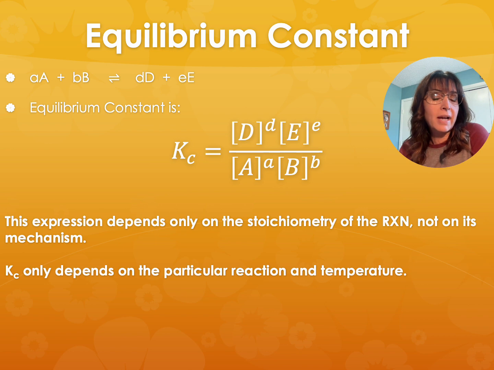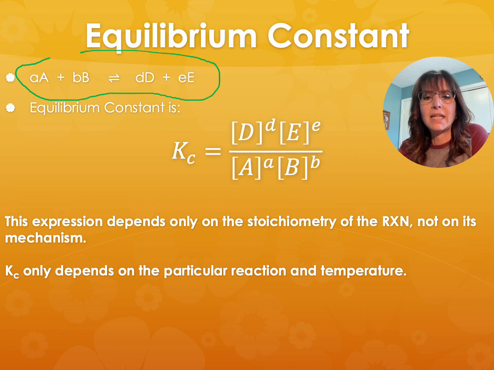It's pretty easy to write an equilibrium expression. And just remember that there's lots of different Ks. There's Kc, there's Kf, Ka, Kb, there's just tons of K. It doesn't really matter at this point, equilibrium. So if you have some generic equation of this, A plus B makes D and E, where the big letters are whatever the chemicals are and the little letters are the coefficients, it's simply products divided by reactants.